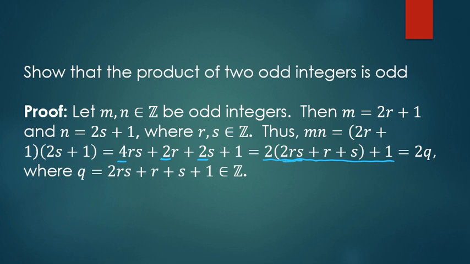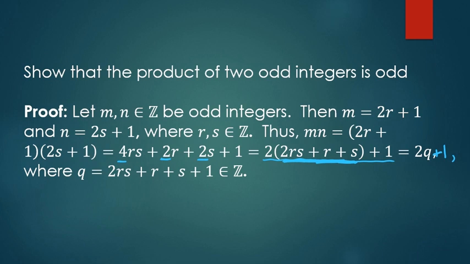So this whole thing here is some integer, which I called q. So I can make the substitution there for q, and this is of the form 2q plus 1. My apologies, there's a typo there. So this is going to be of the form 2q plus 1.